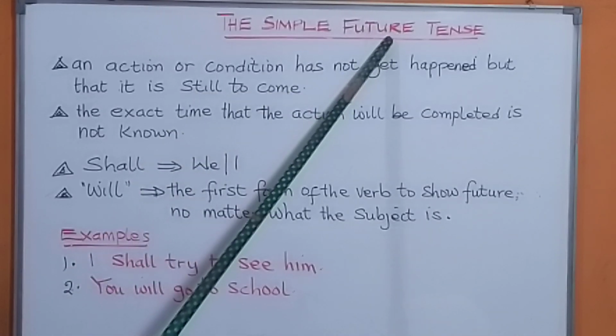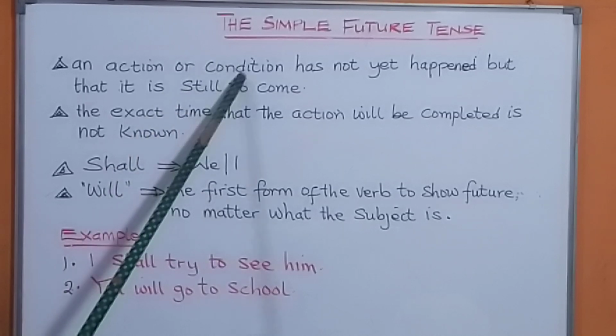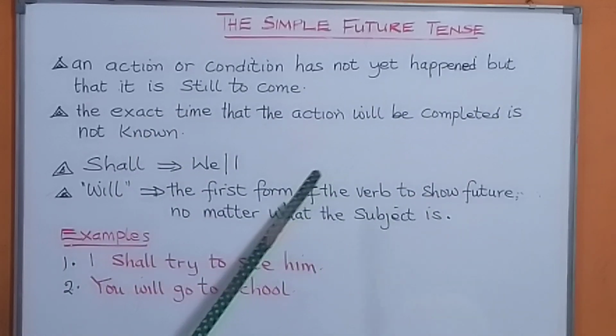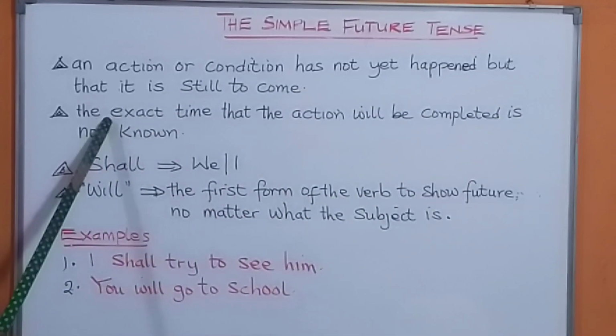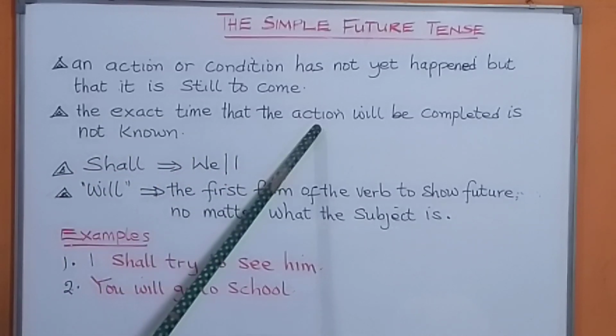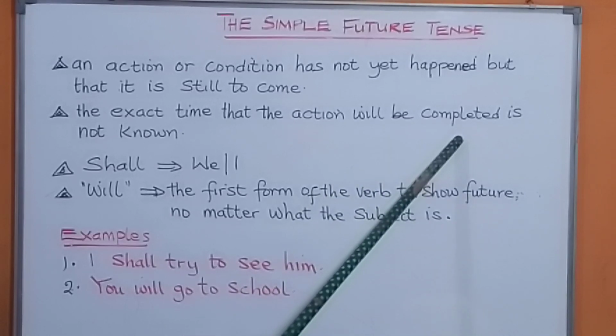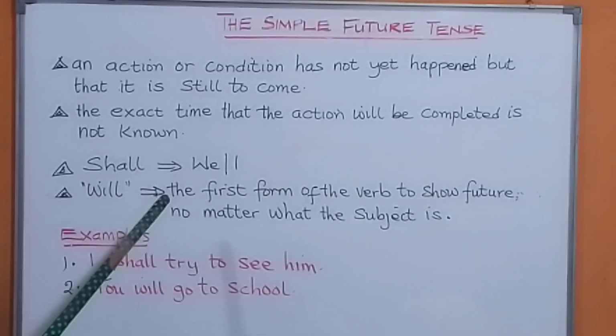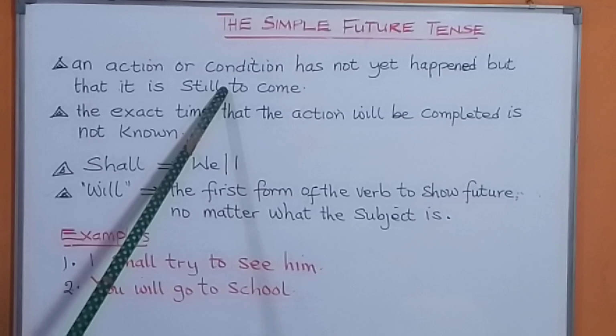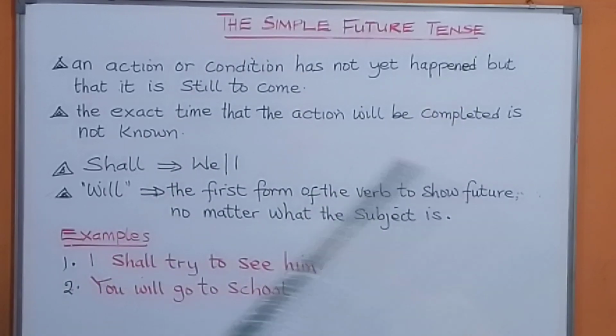And the exact time that the action, the event, the condition will be completed is not known. In other words, when it will come and when it will be completed is not stated. When the action will come, you don't know, and when it will end, you also don't know. That is the simple future tense.